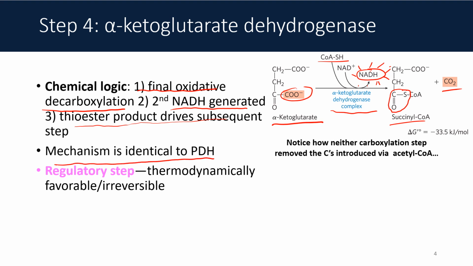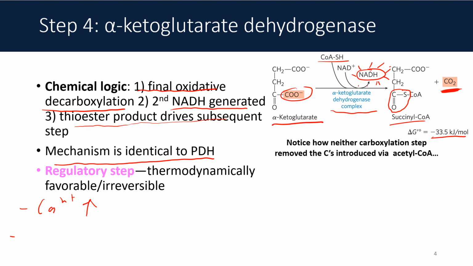Moving past the mechanism, the last thing I want to mention is that this is the third regulatory step of the citric acid cycle because, again, it has a very negative delta G, negative 33.5 kilojoules per mole, which is made very negative in part thanks to this release of CO2, which is very entropically favored. And since this is such a negative delta G reaction, it's going to behoove us to insert a bunch of allosteric effectors, such as calcium, which will upregulate the activity of this step.